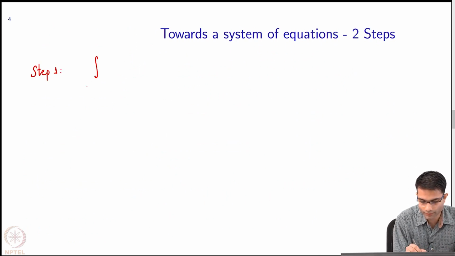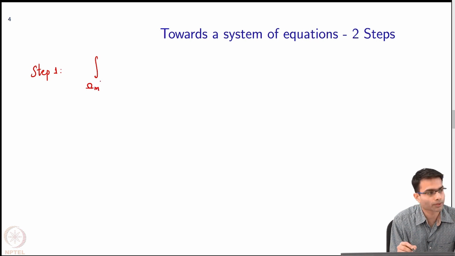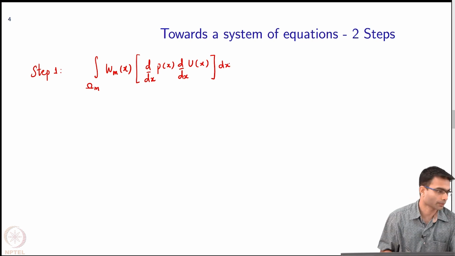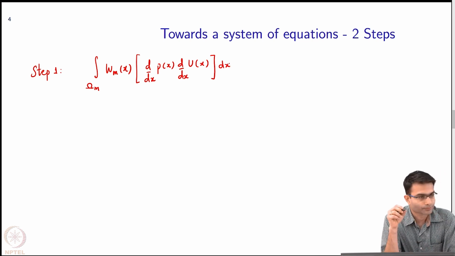Okay. So, I have an integration over the domain of Wm(x), and this first term is d by dx of p(x) d by dx of u(x). I am just writing only the first term.